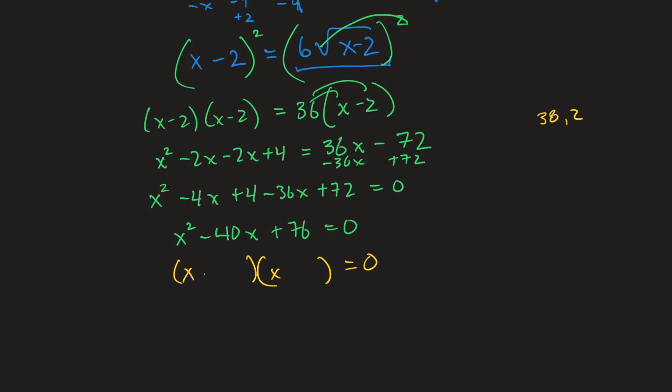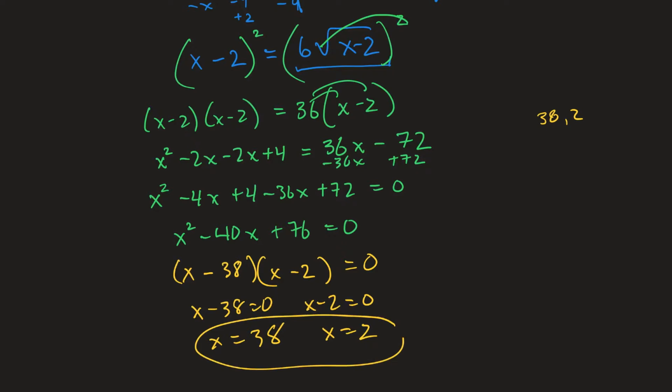Those are my numbers. So minus 38 and minus 2. Therefore, either x minus 38 is 0 or x minus 2 is 0. So x is 38 or x is equal to 2. That's a whole lot of work.